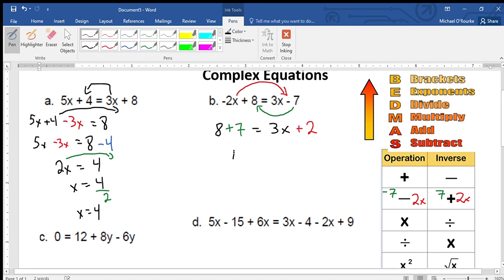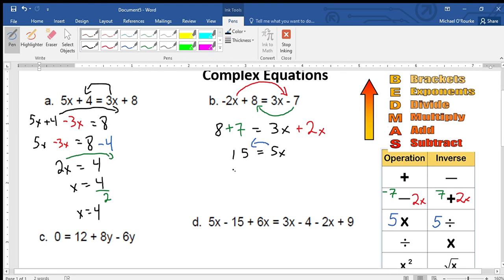Okay, so when I combine these, I'm going to get 15 equals 5x. But then I need to move the 5 over now. The 5 right now is a multiply. So when it comes over, it's going to become a divide.